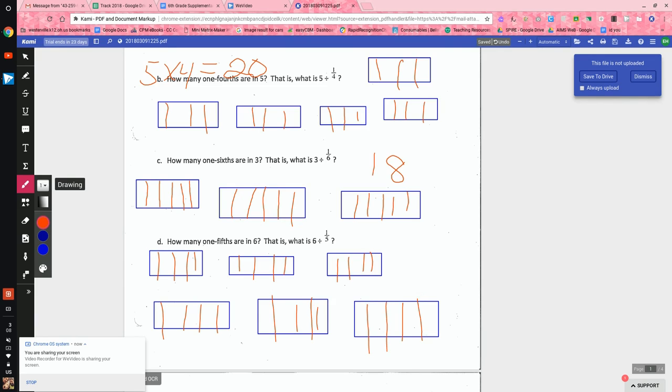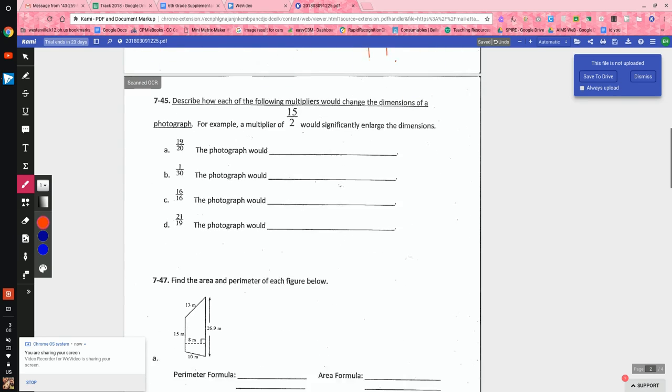Five in each one. So 5, 10, 15, 20, 25, 30. So there's 30 fifths in 6. I always try to think about if you're dividing candy or dividing cake, as we've talked about in class, or pie. If you're breaking each one into fifths, then you are going to have 30 pieces.